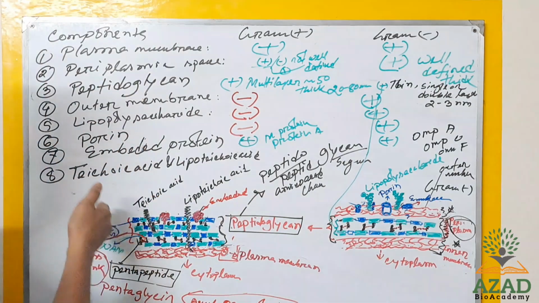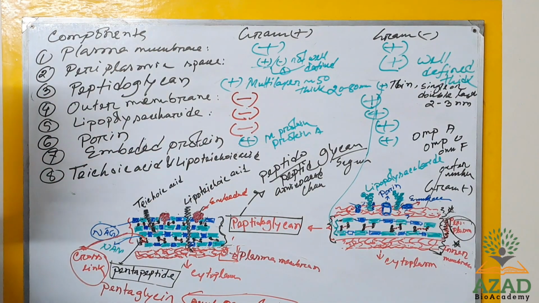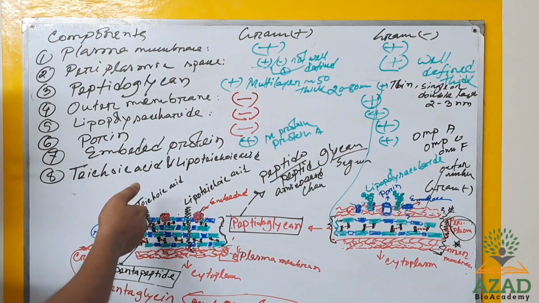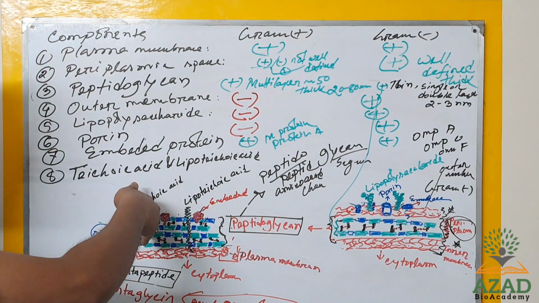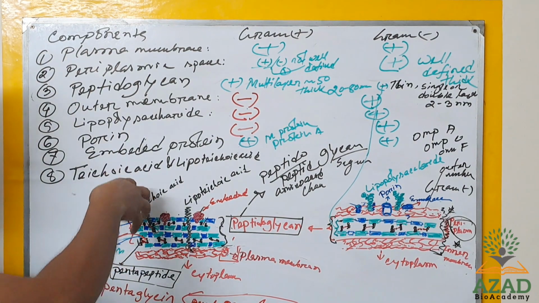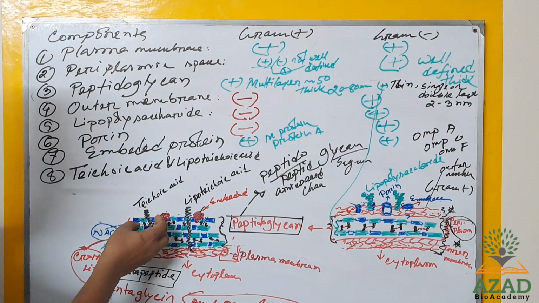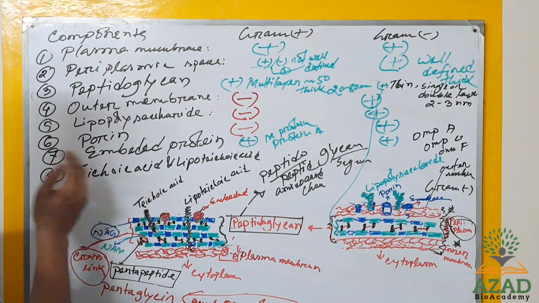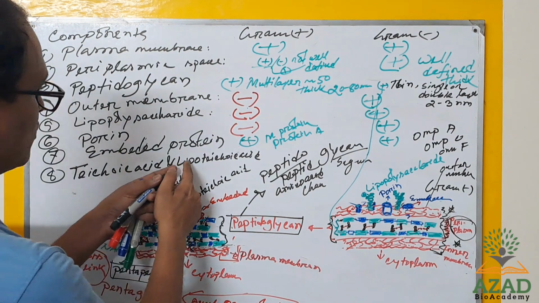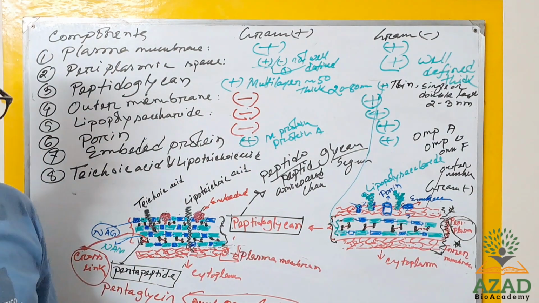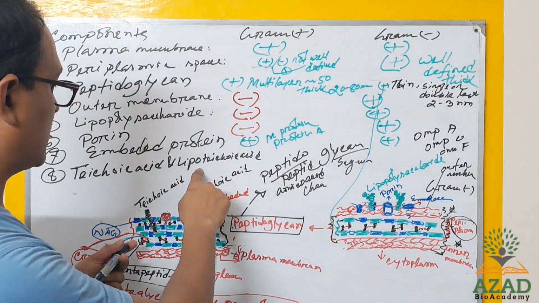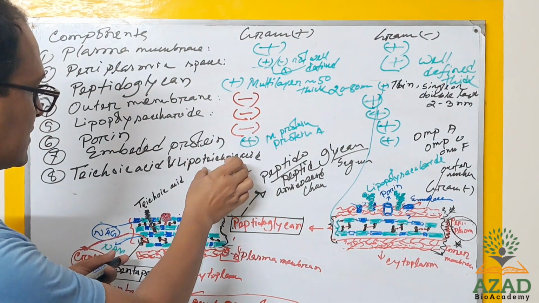That molecule is teichoic acid and lipoteichoic acid. Teichoic acid is basically incorporated into the peptidoglycan. That means it is attached within the peptidoglycan and some protrudes outside. And here the lipoteichoic acid. What does it mean? Actually, lipo, that is the lipid part, means that it is connected.